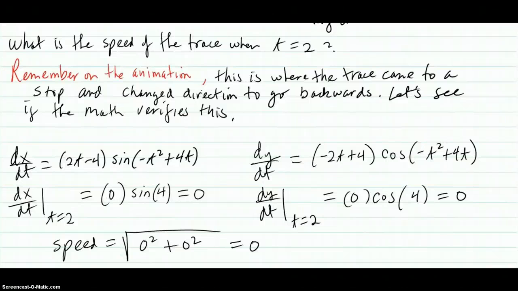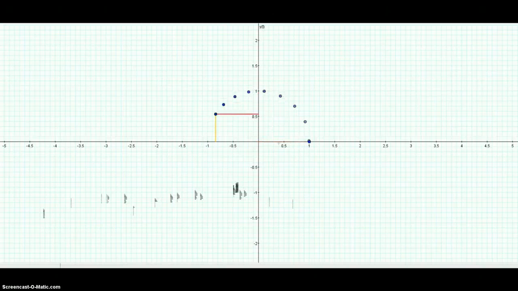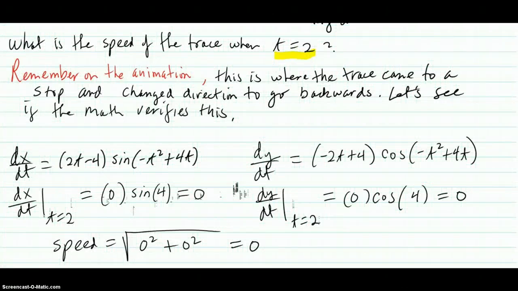Then we have, what is the speed of the trace when t equals 2? So on the animation, that's when the trace came to a stop and turned around and went backwards. Let's see that again. Alright, here's your animation again. Let's watch what happens when you get to t equal 2. It slows down, stops momentarily to go backwards. So let's see if the math verifies that.